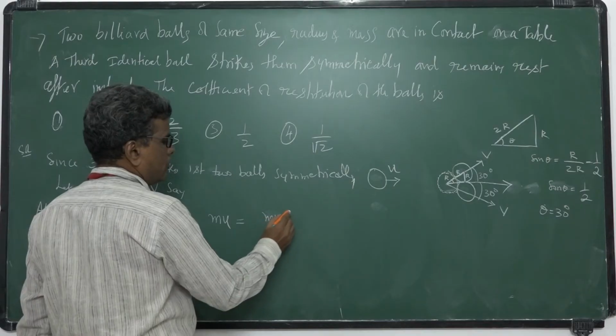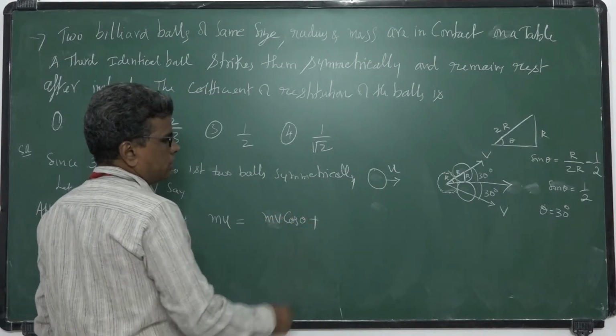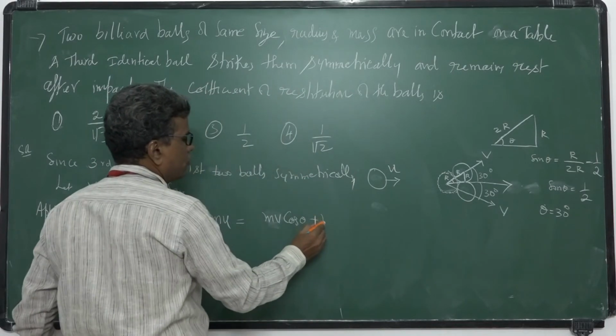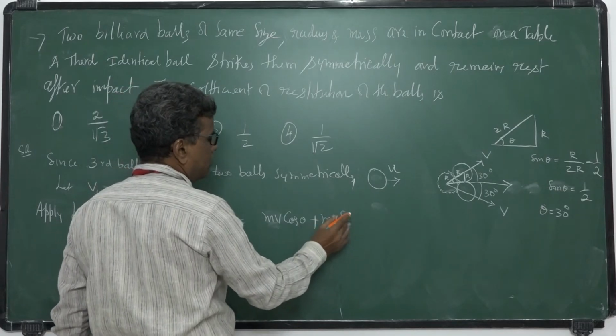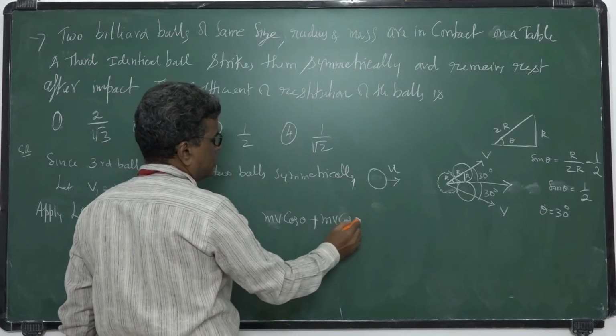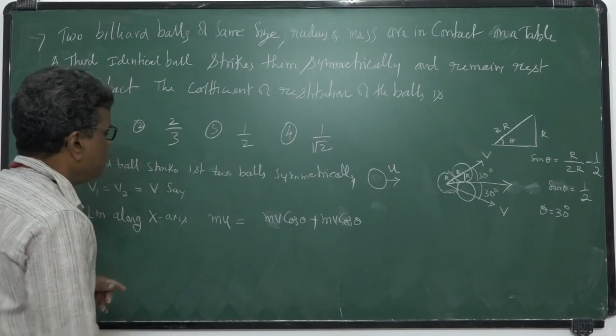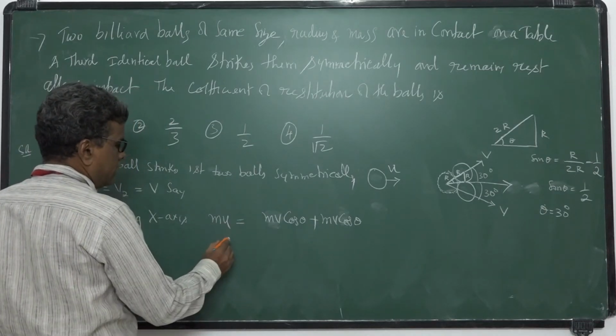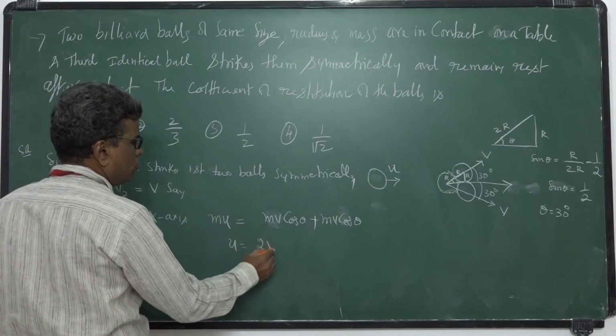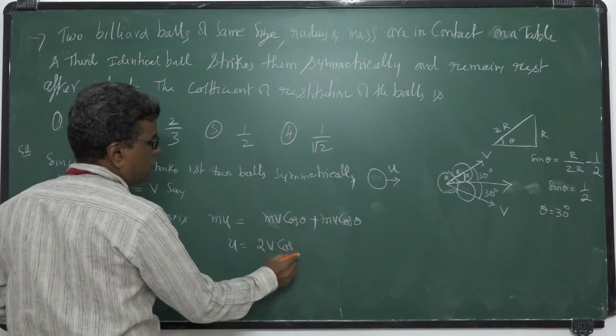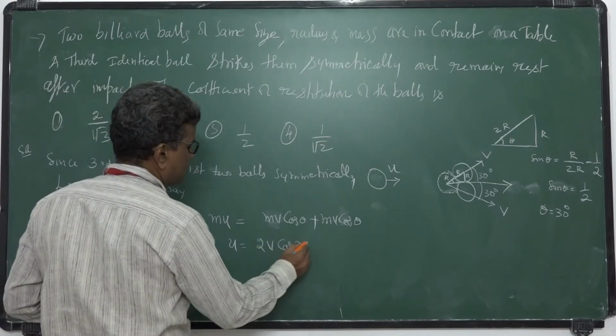The second one's momentum is also, since they are identical, mv cos theta. So this will become 2mv cos theta. m gets cancelled. So u is equal to 2v cos theta. What is theta? 30 degrees.